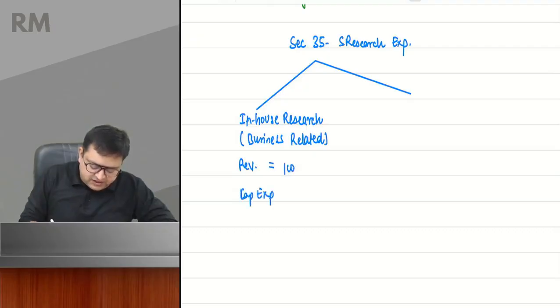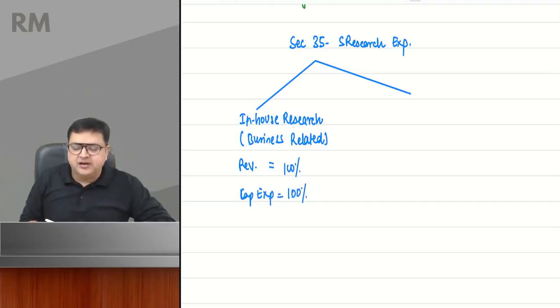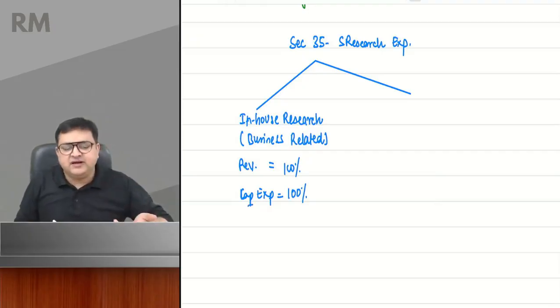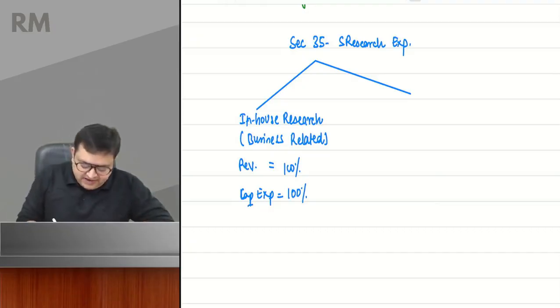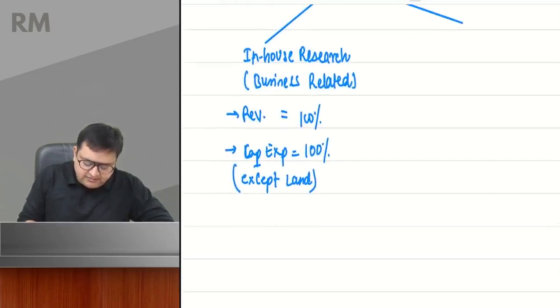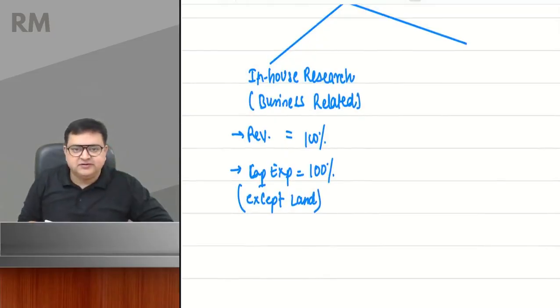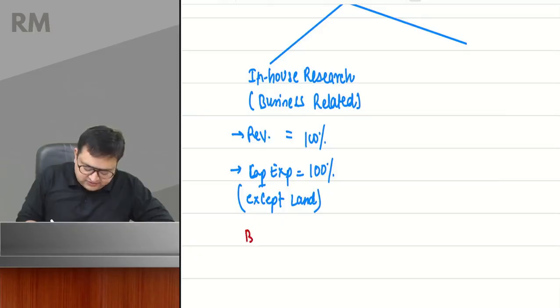And we know both are allowed under section 35, 100%. Capital expenses means if you have purchased a machine for a scientific research purpose, 100% deduction you can claim. Obviously, except land. On land, we never claim any deduction. So revenue and capital, both we can claim. This is in-house research. Correct. And it is also allowed in both regimes.